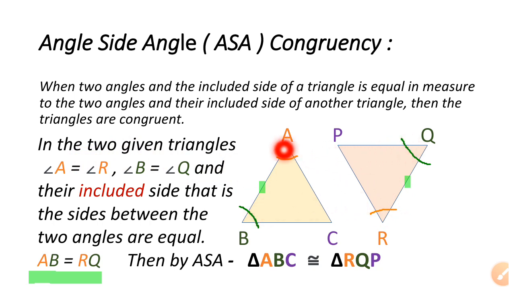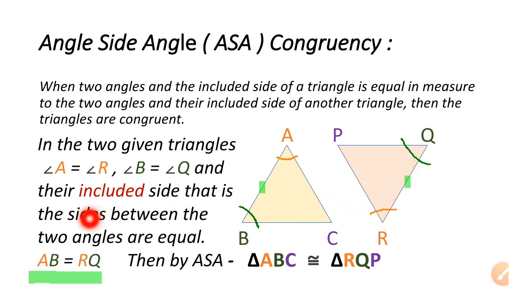The first angle A is equal to R and the second one B is equal to Q. And one more thing is the side. The included side in between A and B, that is AB, is equal to the side in between R and Q, that is RQ. That means they are equal in length.